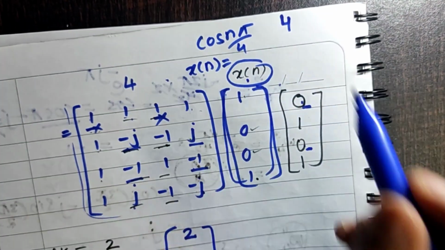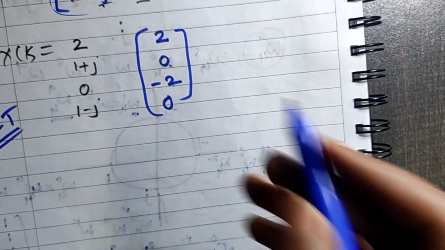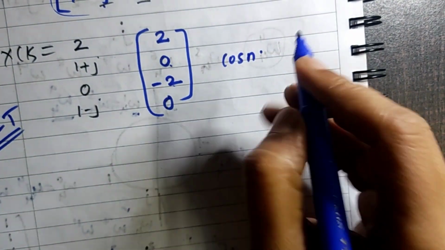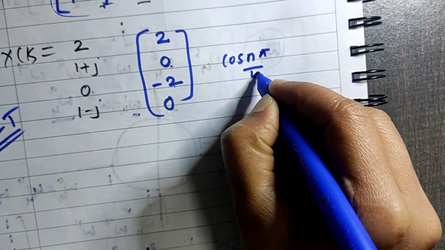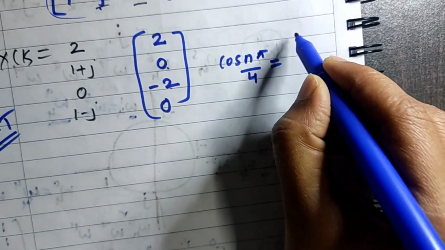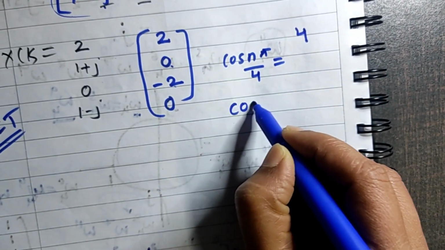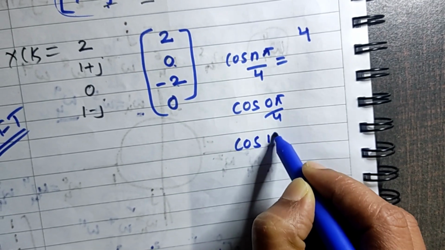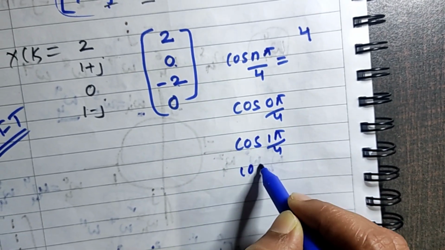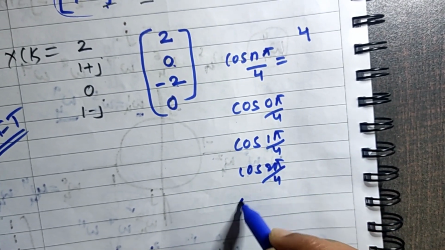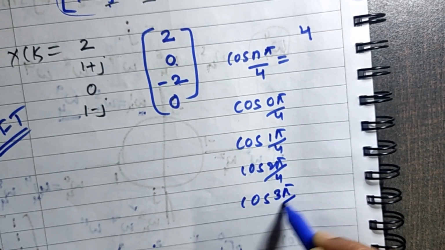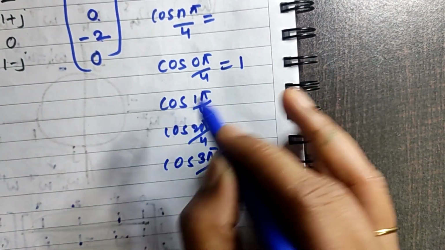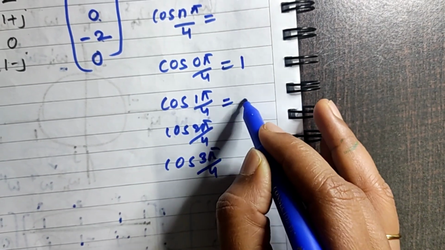So first we have to take cos of n pi by 4 for 4 points. First one is cos 0 pi by 4, then cos of 1 pi by 4, next cos of 2 pi by 4, next cos of 3 pi by 4.